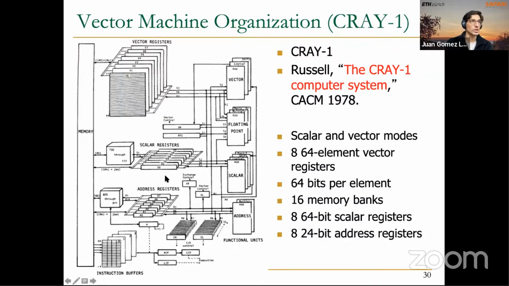And also here we have scalar registers and scalar execution units, because, and recall Amdahl's law, even though this computer was super fast due to deploying these vector units, in reality, real world code also has sequential parts that cannot be parallelized. And this is why we also need to have fast scalar execution units in a complete system.